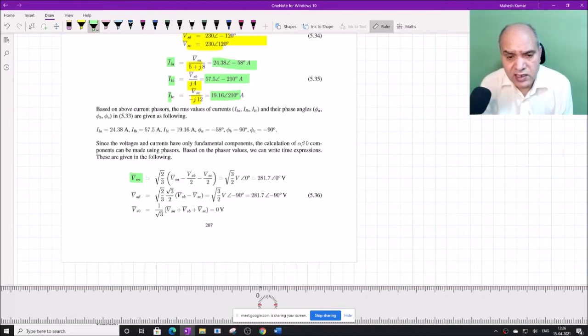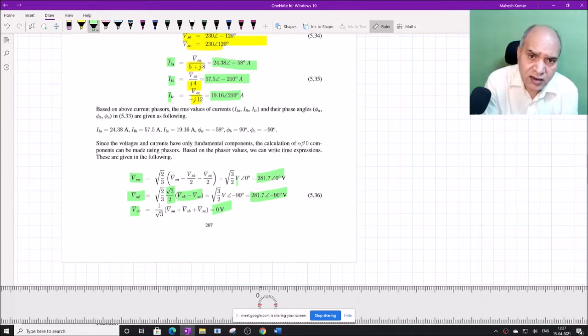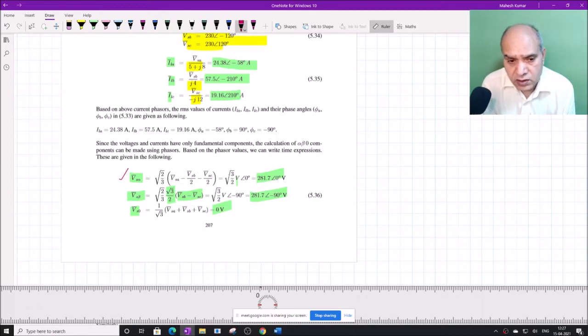You will see that for balanced voltages, this is nothing but root 3 by 2 into V angle of 0, which is actually 281.7 angle of 0. VS beta comes out to be root 2 by 3, then this factor from the matrix, and it comes out to be 281.7 angle of minus 90 degrees, and VS0 is 0 because it is a balanced three-phase system.